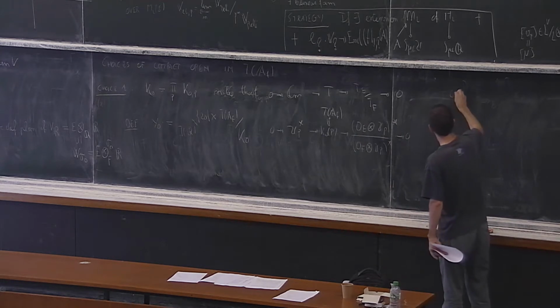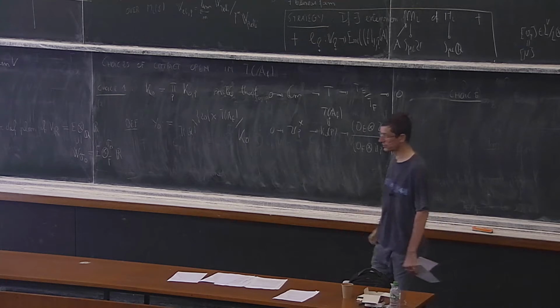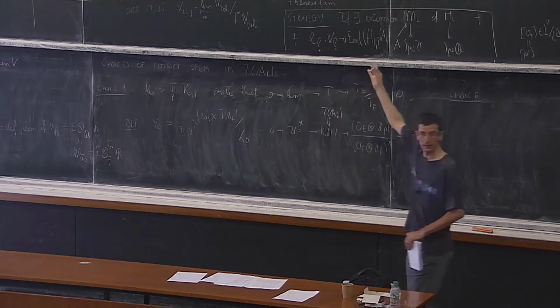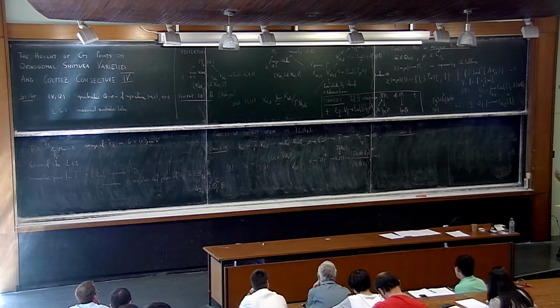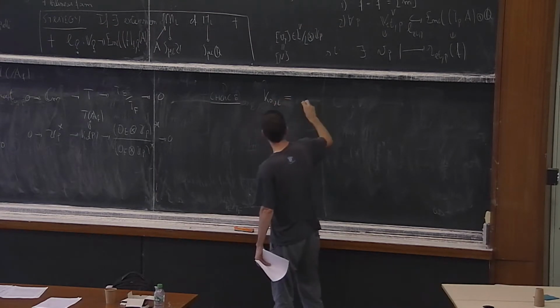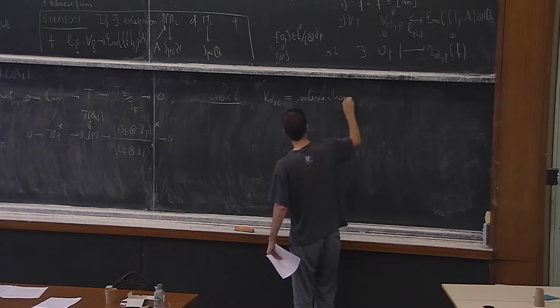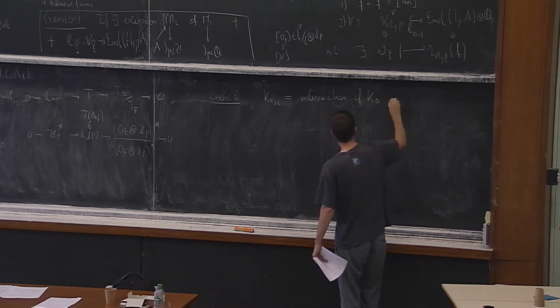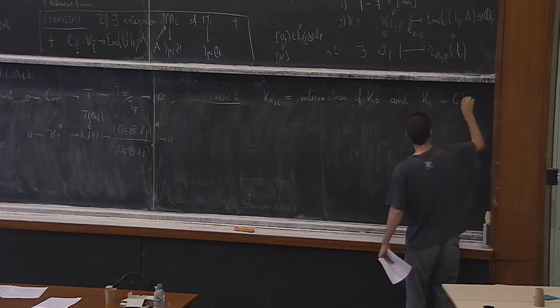And then I want a second choice that allows me to compare the definition that I just gave with instead the Shimura variety that depended on a lattice and so on, which is the definition of K0L, which is simply the intersection of K0 and KL in G(A_F).